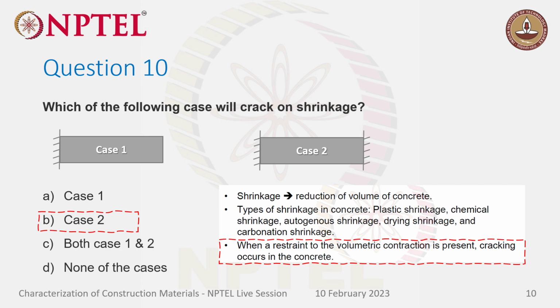Because in case 2 the specimen is restrained. When the shrinkage occurs, the restraints will not allow it to shrink, and then the crack will occur, which is not in case 1. What if there is a reinforcement? Will it crack?